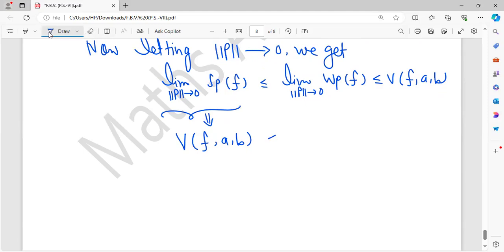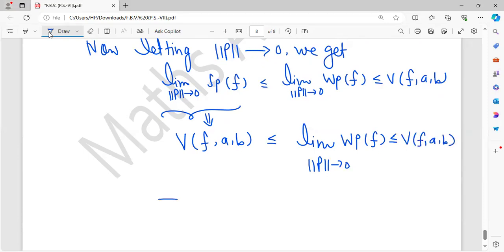This is nothing but, so this implies limit W(P,F). So this implies lower bound is this, upper bound is this, it means what?